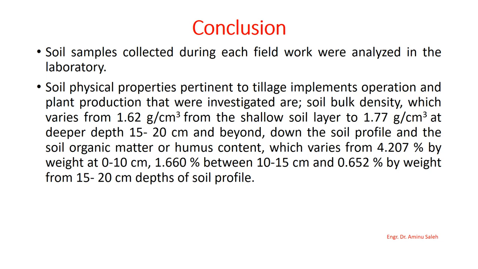Soil organic matter and humus were also investigated and showed that it varies from 4.207% by weight at 0 to 10 centimeter depth and 1.660% between 10 to 15 centimeter by weight, as when we now look at the depth of between 15 to 20 centimeter soil profile.